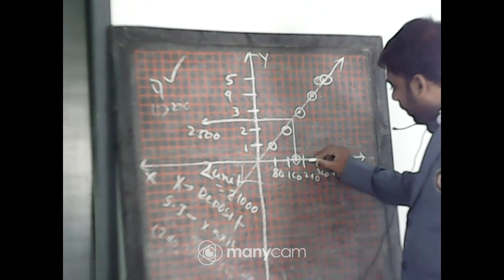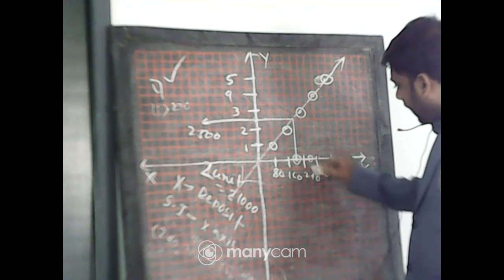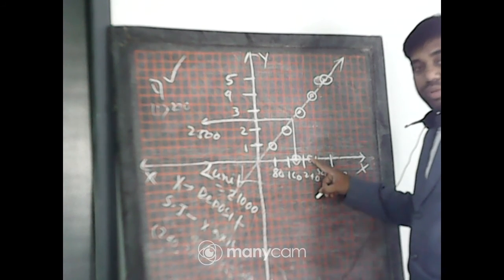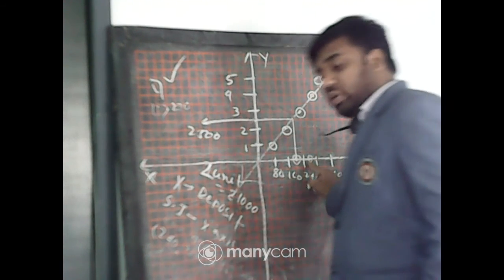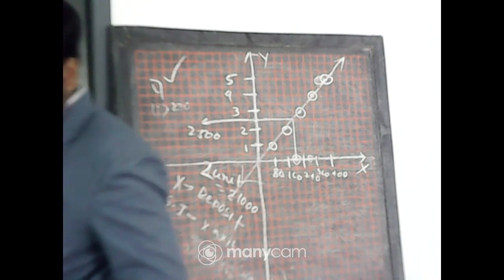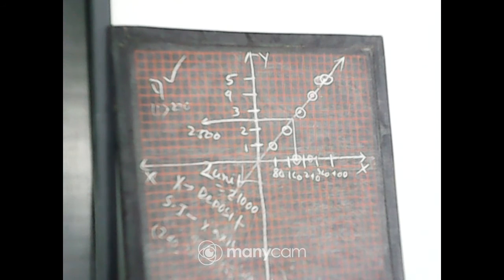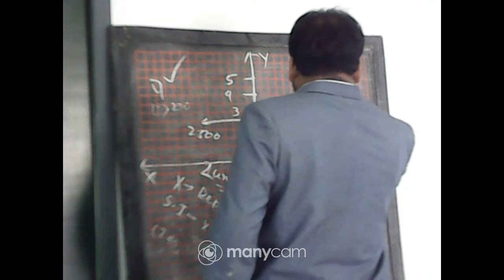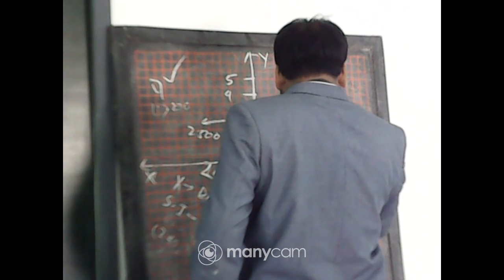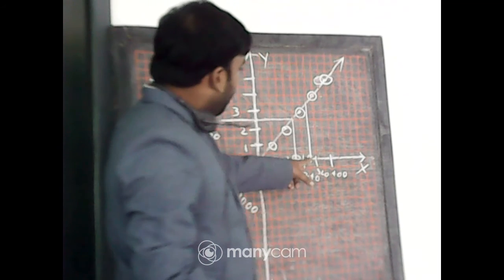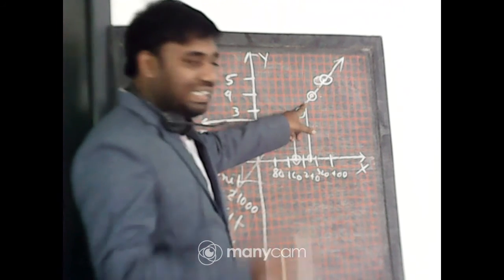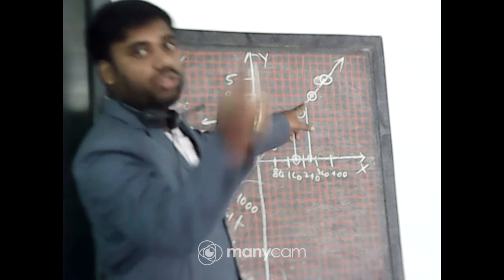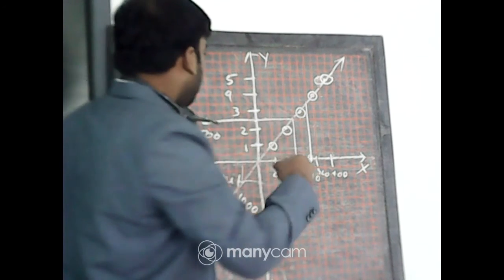What will be the point between 240 and 320? Tell me quickly. Simple interest 240 and 320, that is 280. From that point, draw a perpendicular to the line. And again, from where it intersects, draw a perpendicular to the y-axis.